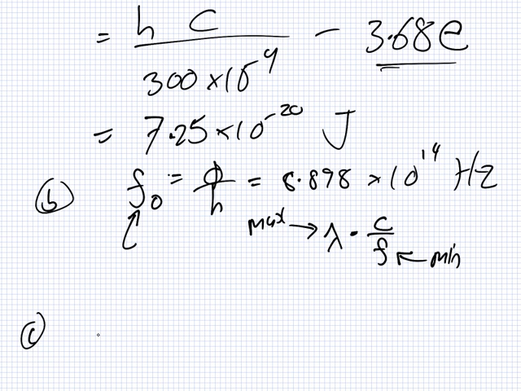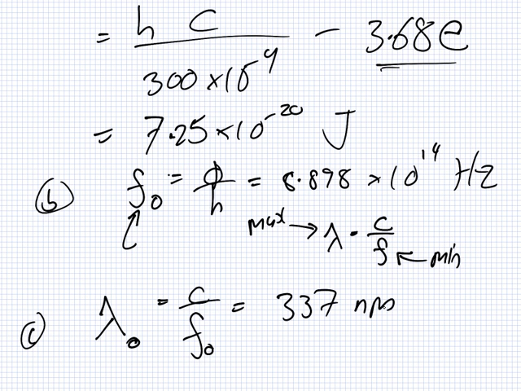So this is just a fancy way of saying what's the threshold wavelength, which will be c over the threshold frequency. That comes in at, let's do it in nanos, 337 nanometers.